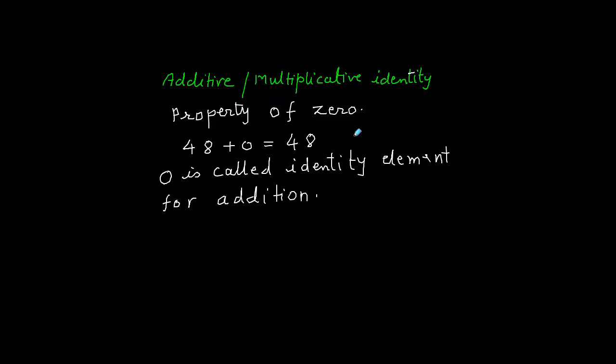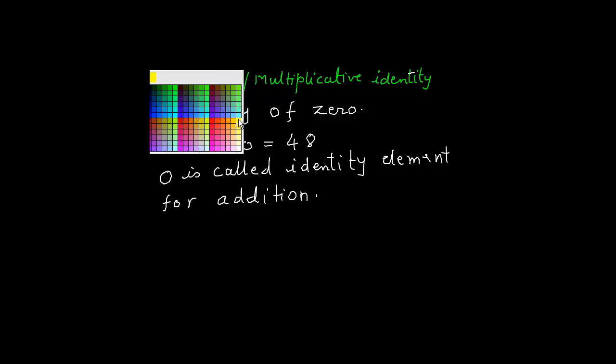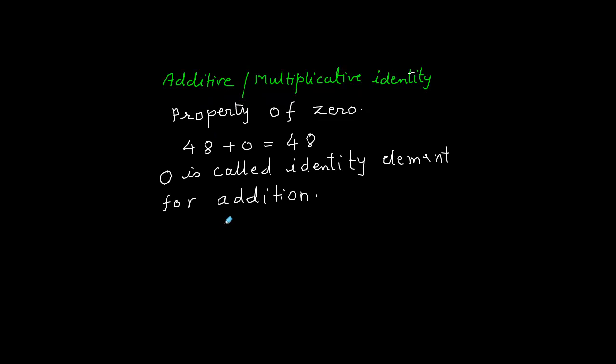Now multiplicative identity. If you multiply any number with 1, you will get number itself.